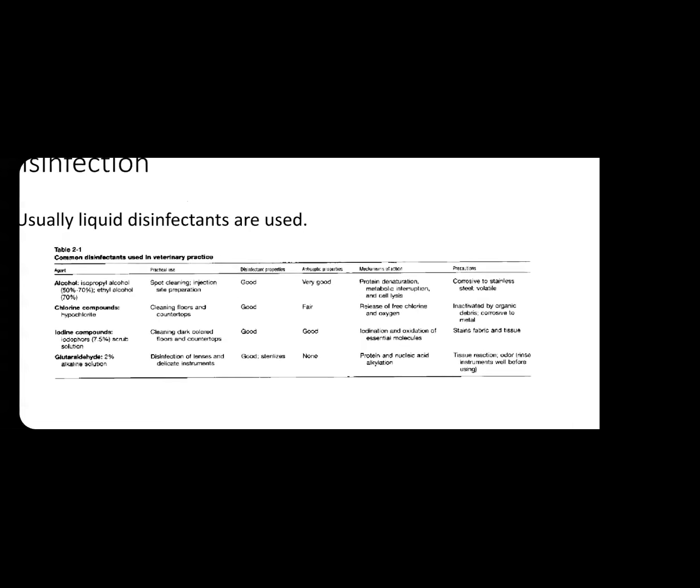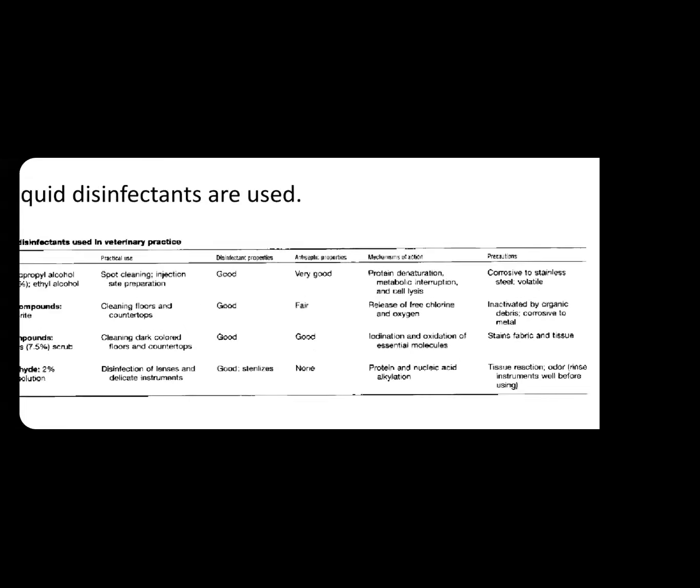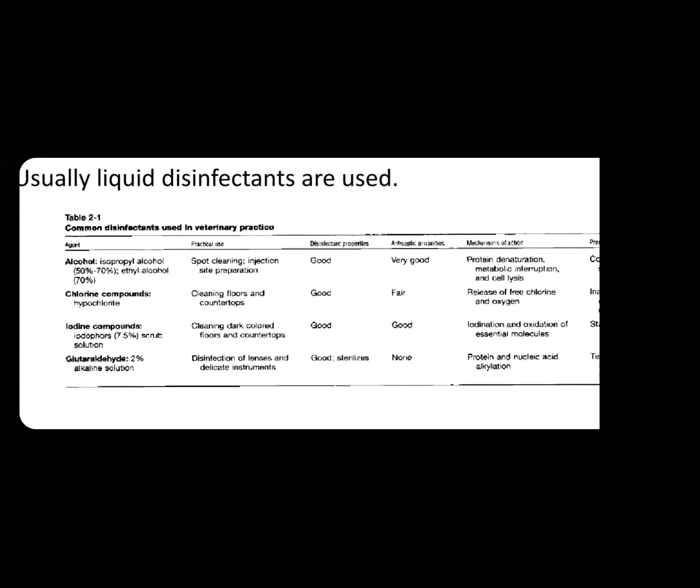Here in this table, we have a list of chemicals that have been used as good disinfectants. We've got alcohol, such as isopropyl alcohol and 70 to 90% ethyl alcohol. It's good for spot cleaning and injection site preparation, and it has very good disinfection properties. At the end, it describes how it works.